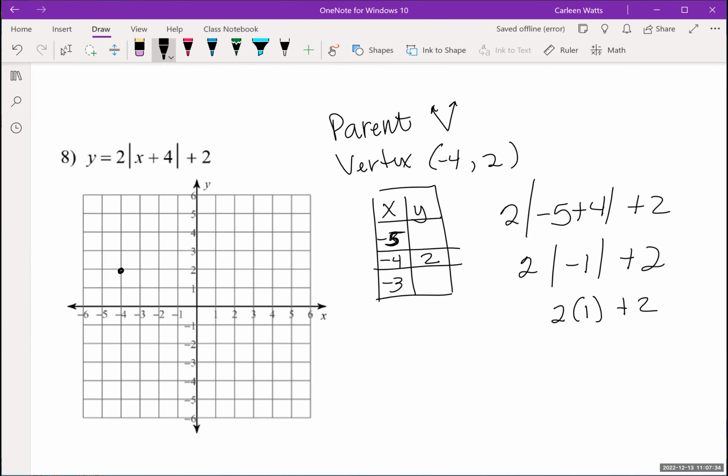You simplify what's inside the absolute value, and then you bring it down as a positive number. Equals 4. And plug in -3, do the same thing. 4. -5 is 4, -3 is 4.